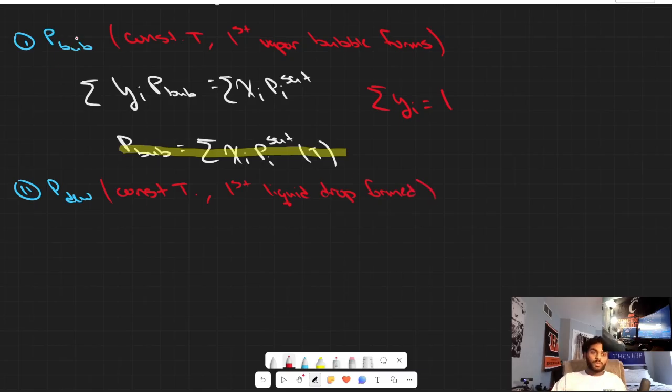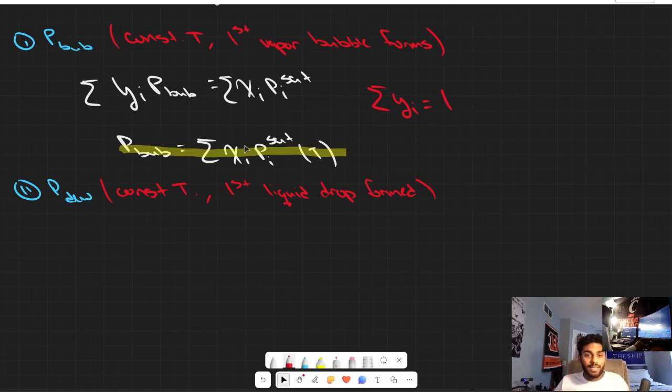So remember that in this situation where we're looking for our bubble pressure, we initially started with a system that was a fully liquid system. We were then decreasing the pressure to allow some of that liquid to coerce itself to go into the vapor phase. With the dew point, it's the opposite. Now we have a fully vapor system and we are increasing the pressure. We are lowering that airtight piston on that system to coerce the liquid to start forming.